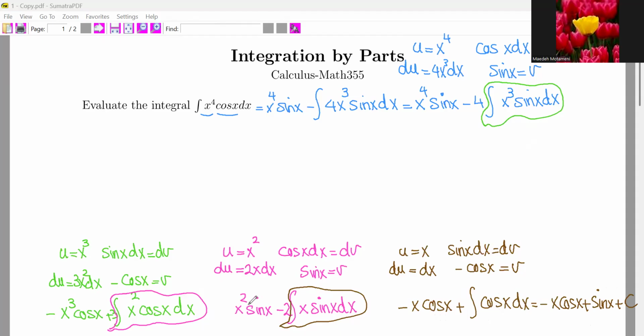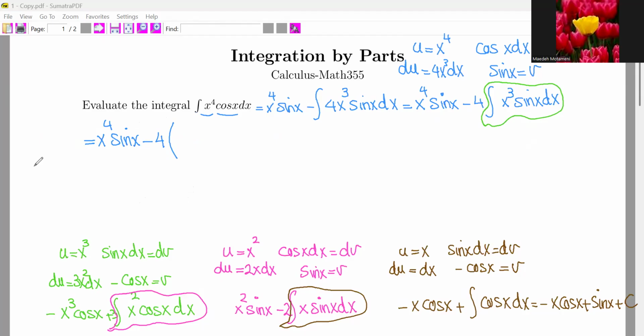Now, going backwards, it will be some other terms. So all together here. The first part, x to the 4 sine of x minus, let's say we have 4 here, then parentheses, instead of the green part, I would write the green answer here, which is negative x cubed. Okay, let me write it in green.